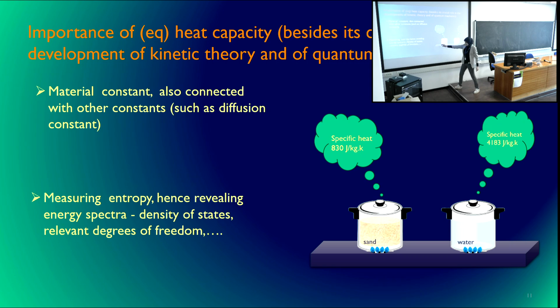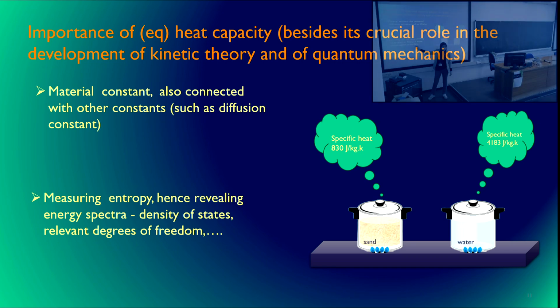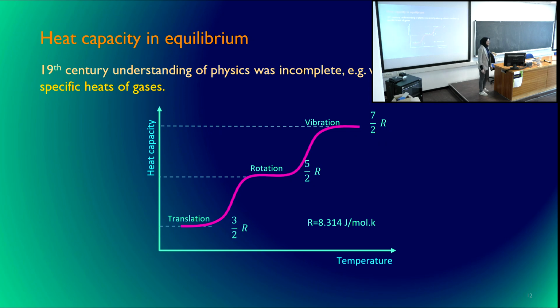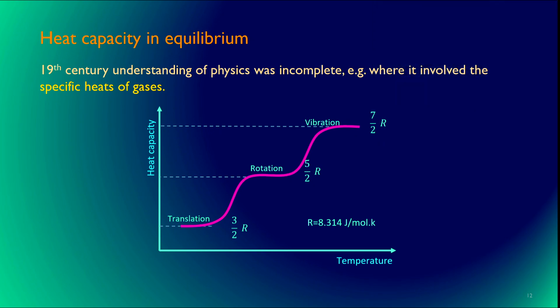And the other thing is that it can give you information related to entropy. Each of the words that is here, you can search it. It has one formula behind that. It can give you information related to the density of states. You can understand about the energy gap, for example, in a discrete space, and the degrees of freedom. Or for example, the heat capacity of a gas, we are used to it, but it's not trivial.